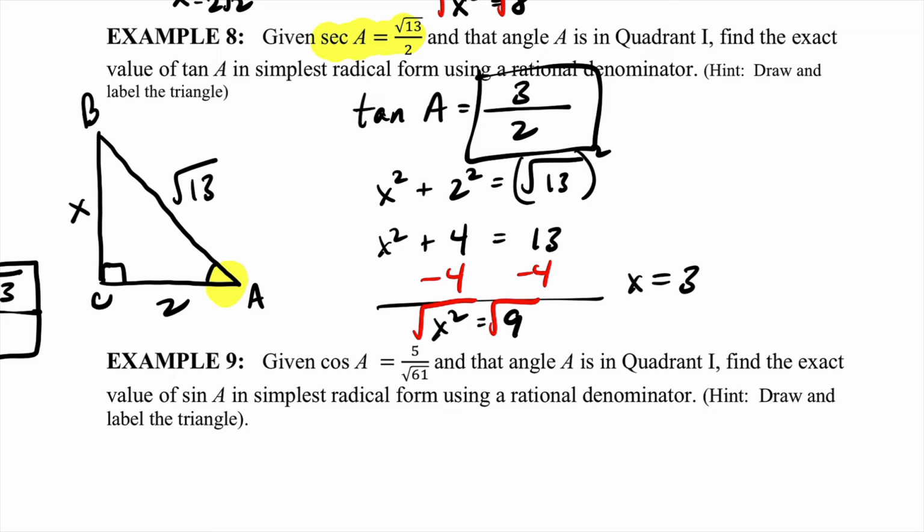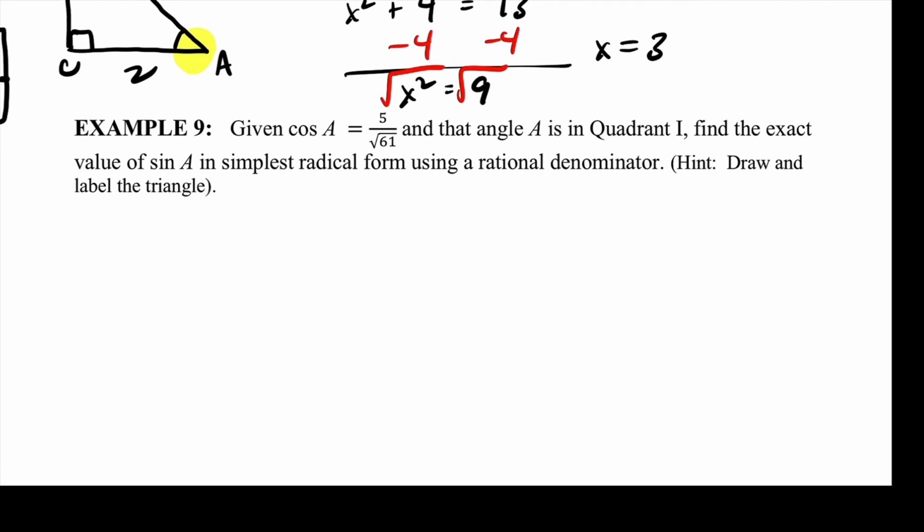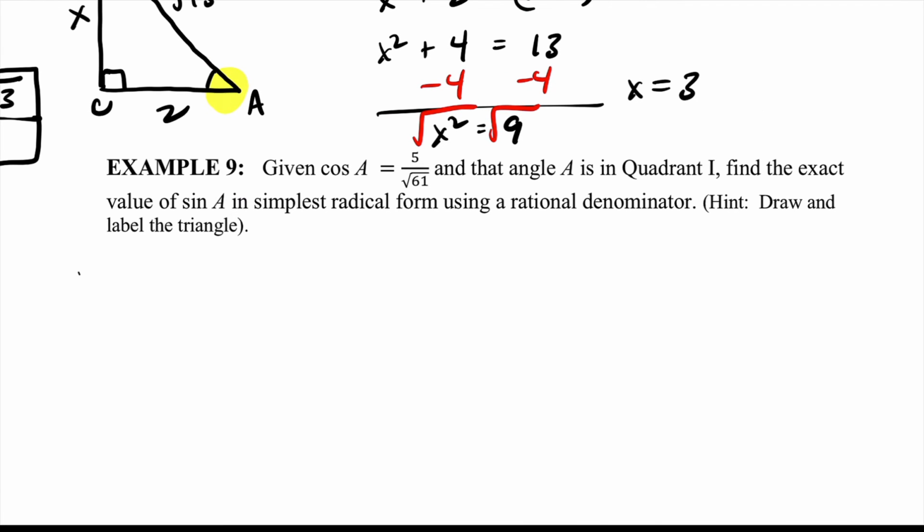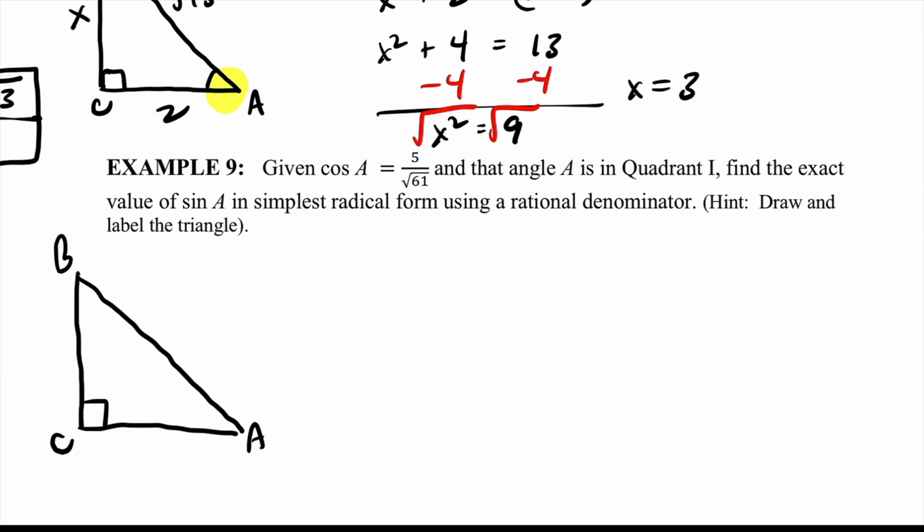All right, let's do the last problem. We'll be done for today. Okay, so let's draw the triangle. Okay, so they say cosine of A is 5 over the square root of 61.